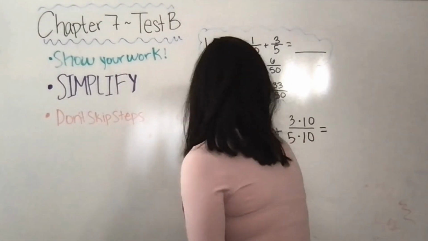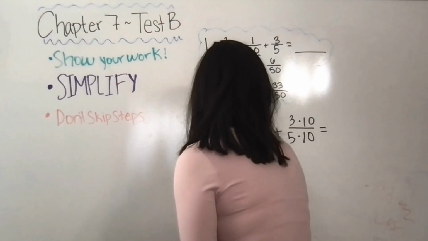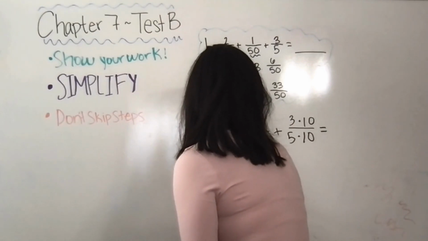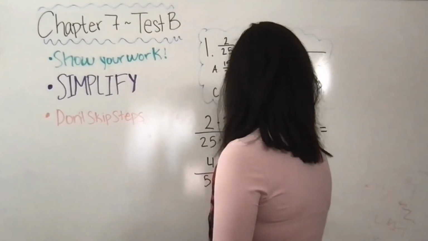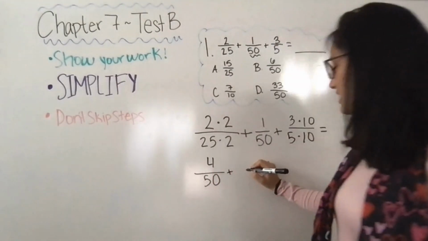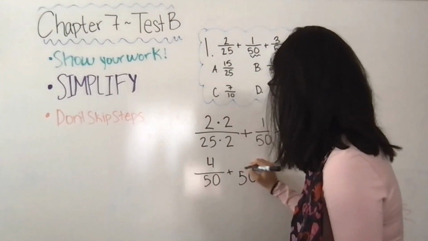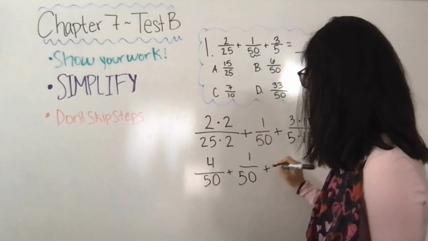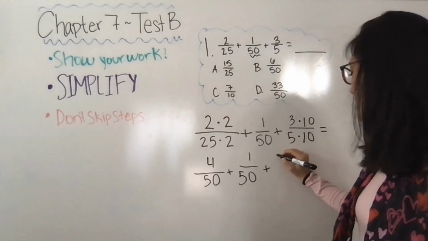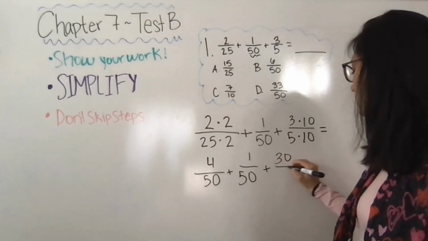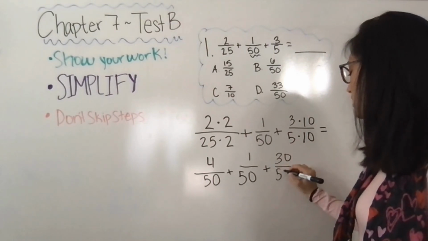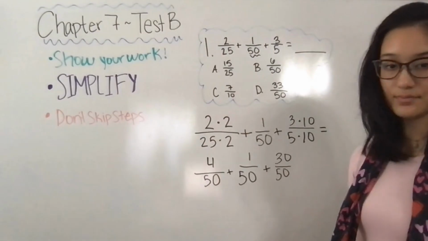So 2 times 2 is 4, and 25 times 2 is 50. The 1/50 didn't need to change. And 3 times 10 is 30, and 5 times 10 is 50.